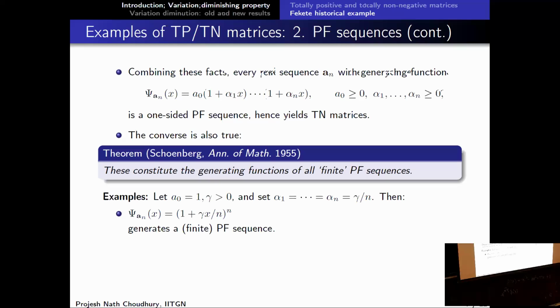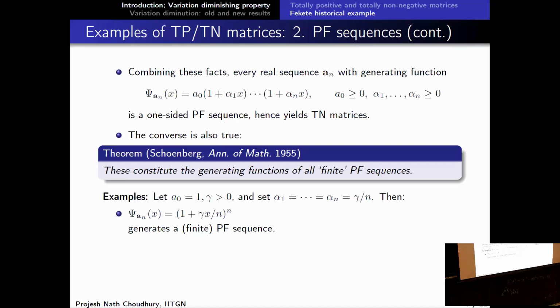Now let us come to our historical example. If we take n not equal to 1, and if we set alpha 1, alpha 2, ..., alpha n to gamma by n in the above example, we get a finite one-sided PF sequence. And we know that the set of all totally non-negative matrices is closed under entrywise limits.